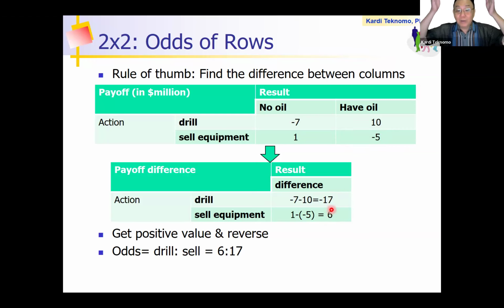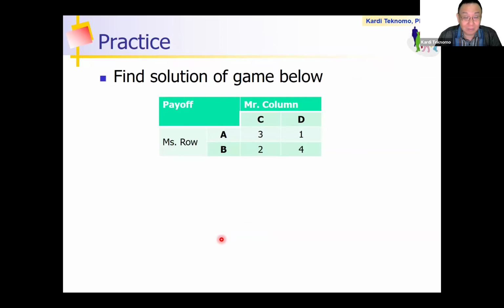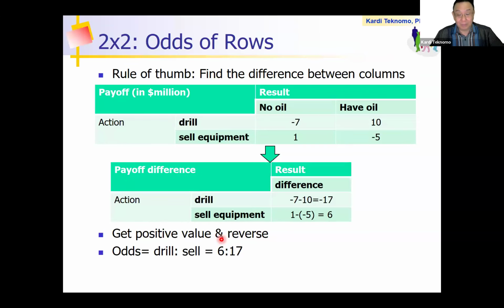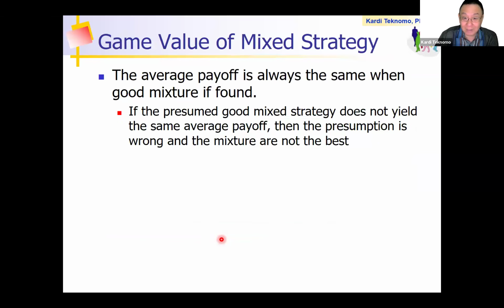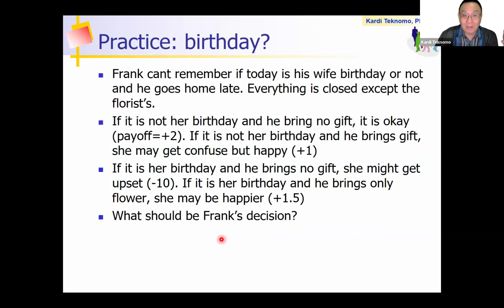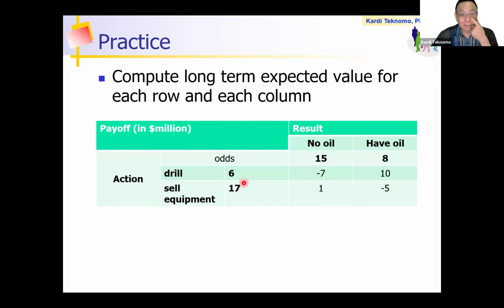Then you get the positive value and reverse. So it becomes 6 for drill and 17 for sell equity. That is exactly the answer a while ago: 6, 17, 15, and 8. Is it clear or not?